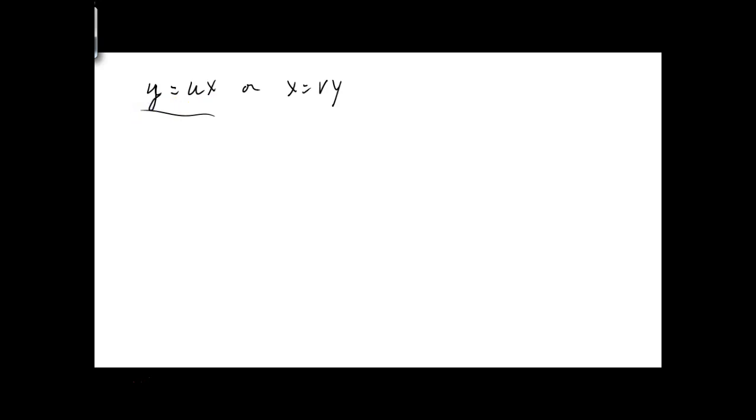When they plug that in, here is your original equation. Very generic form. M of x, y dx plus N of x, y dy is equal to 0. Okay? Now, that looks like our good old standard form for an exact differential.